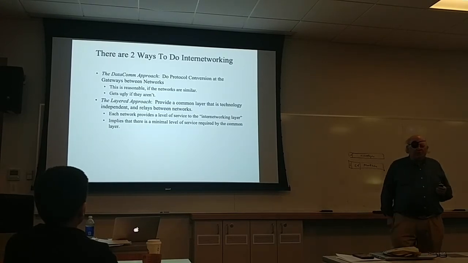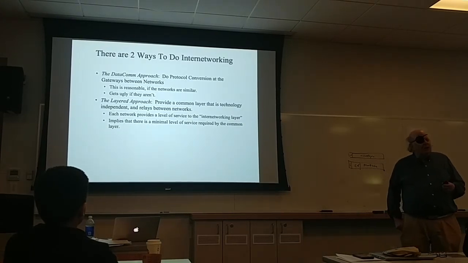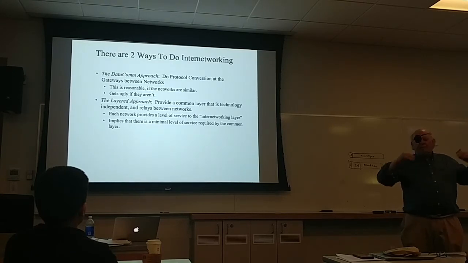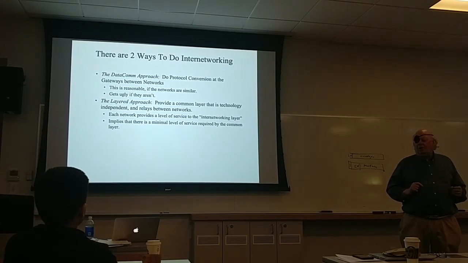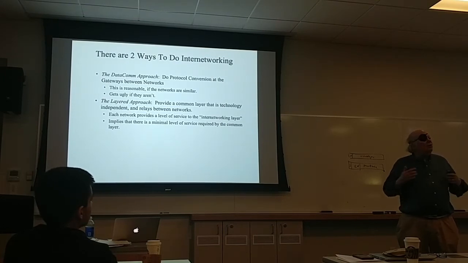And I think I said this early in the previous lecture. Everybody talks about the service that a layer provides up. Just as important is the service that the layer requires from the layer below. Because if you try and roll in a layer below that is flakier than what that layer was designed to deal with, then you've got a problem.